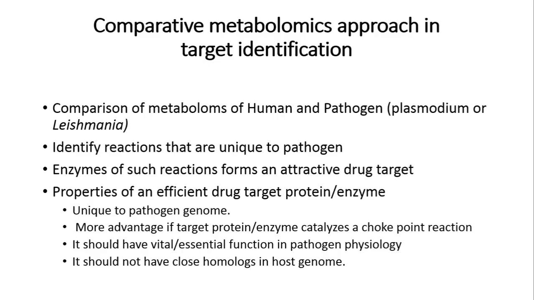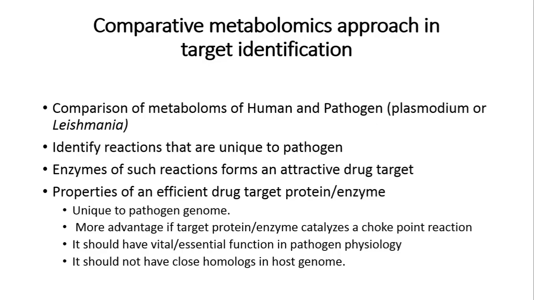Okay, say for example, we would take an example of any pathogen. It can be either Plasmodium that is responsible for causing malaria, or another pathogen you can consider is Leishmania, which is a known causative agent of a disease called leishmaniasis.